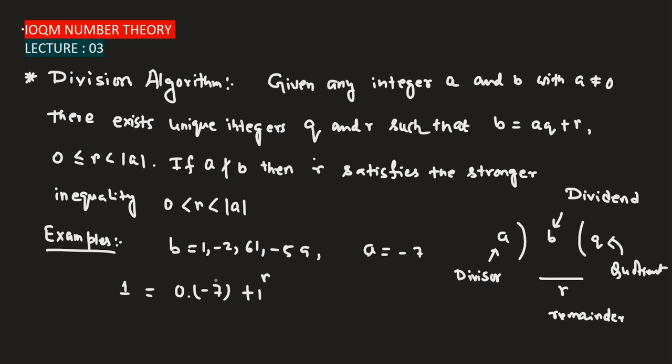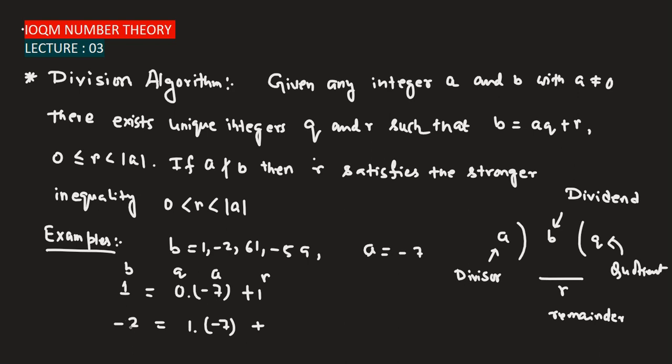This is the number a, and here I am getting q, and this will be the value of b. So if I have minus 2 and I am going to divide by minus 7, what will be the remainder? The remainder should be greater than or equal to 0 and less than mod of 7. If I put 1 here, it will be minus 7.